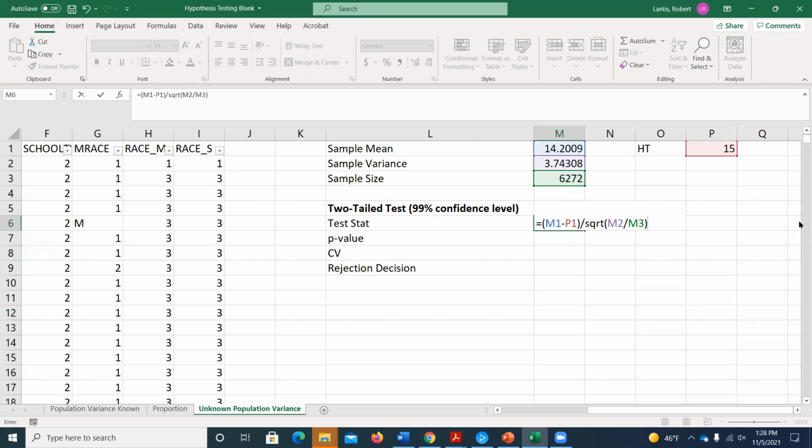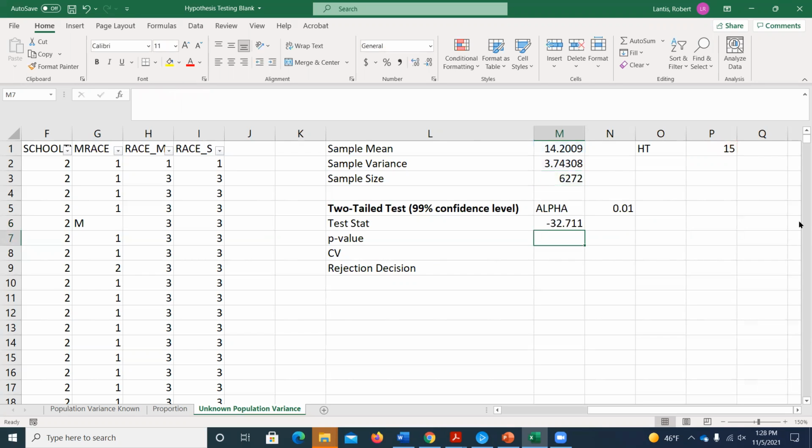So we got that. I'll skip the p-value for a second. We can also look up our critical values, right? Remember, if I know the area in the tail, and I want to find the corresponding t or z value, I'm working in reverse, or the inverse. So here we would do, instead of norm.s.inv, t.inv.